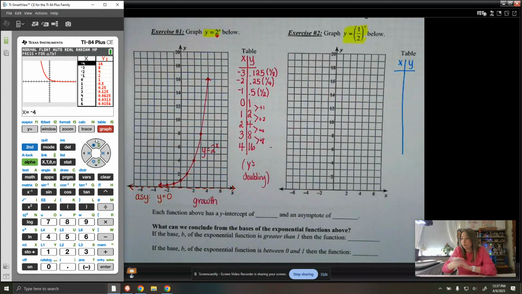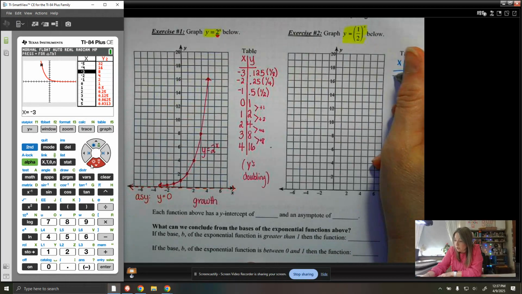At -4, I'm just going to arrow up one more even. At -5, it's 32. At -4, it's 16. At -3, it's 8. Look at that. So we're inversing the matching y values there. And because we're taking half each time, notice those y values are being halved from one to the next, to the next, to the next.